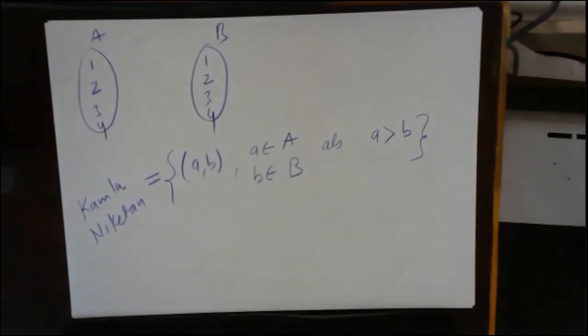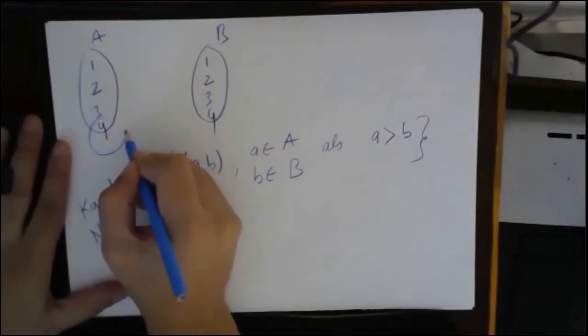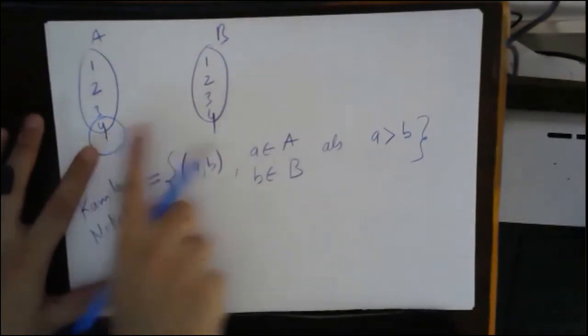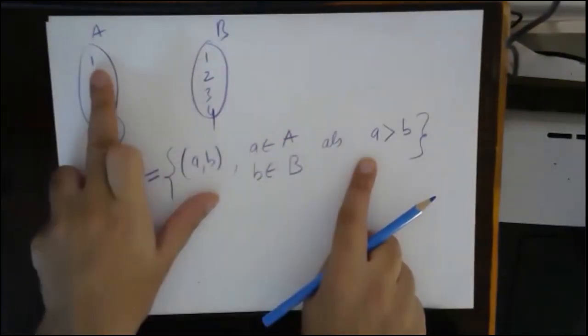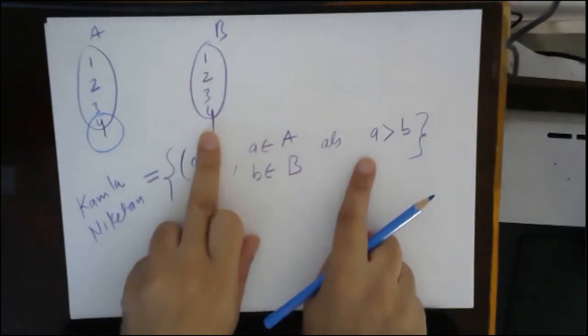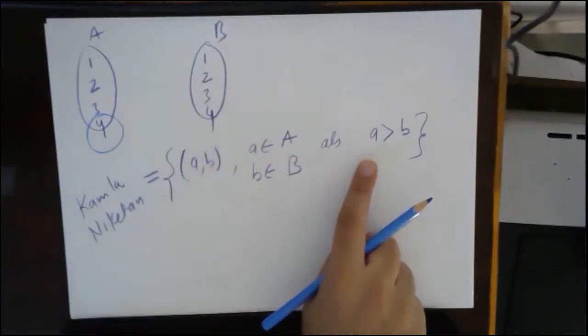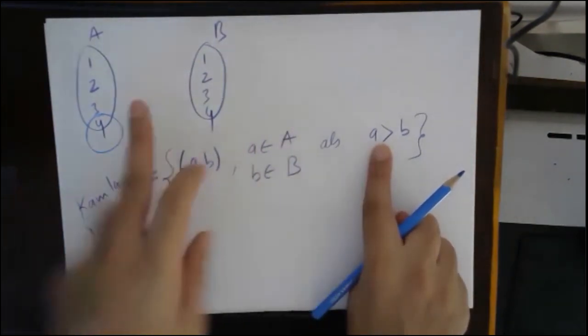Fine. So first let's see how 4 is linked with which element. a is an element of set A, and b is an element of set B. 4 is a, so 4 is greater than which elements?